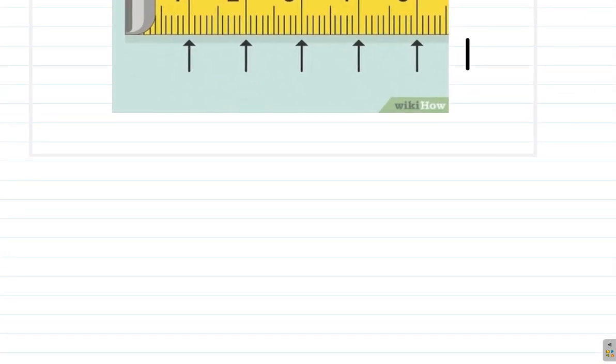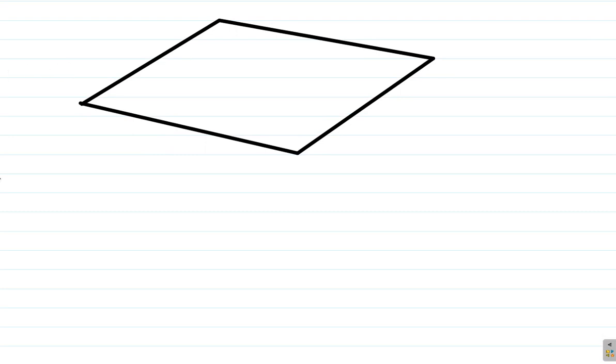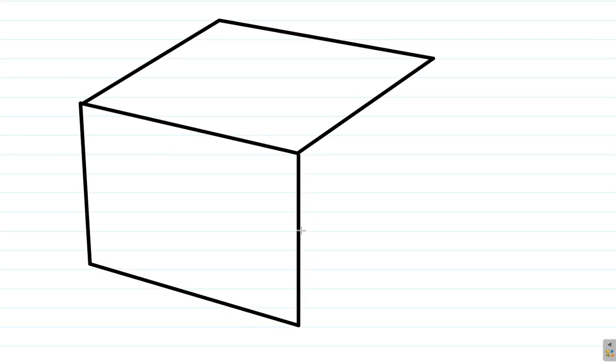Now, as for the liter, if you have a container in the form of a cube, all sides are equal in length. I'm trying to make my container here have all its sides equal in length.